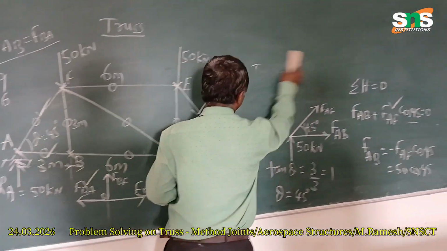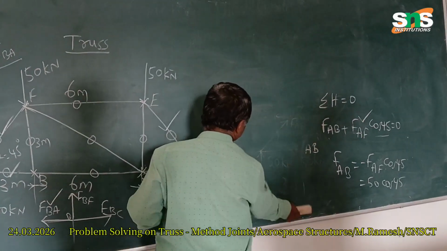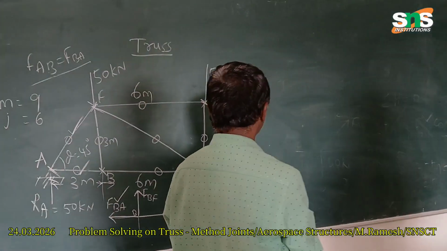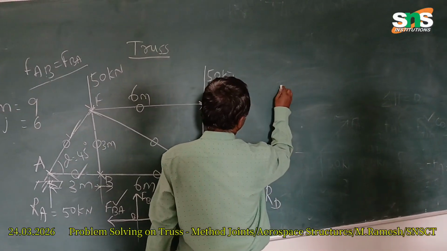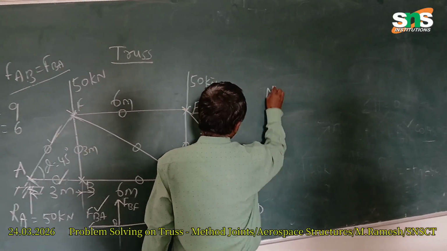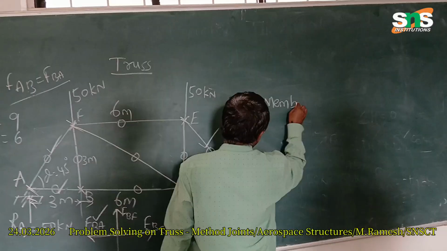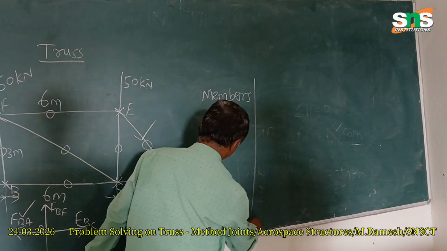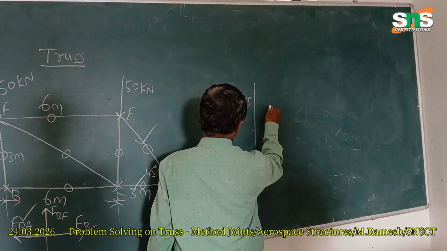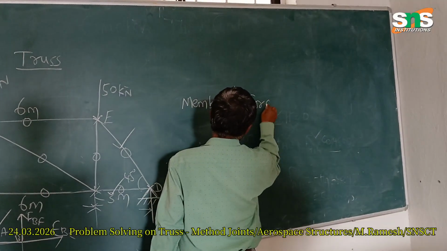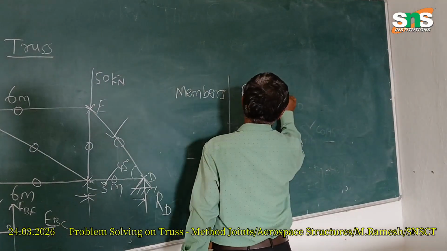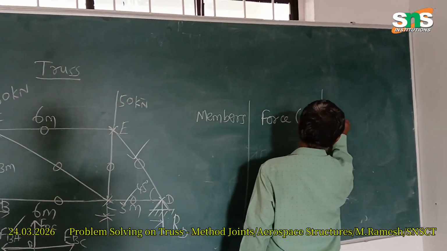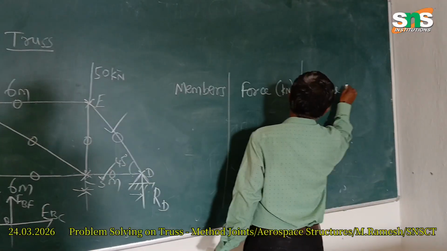After finding all the numbers, finally just make a table. You can construct a table with members, then force in kilonewton, then the nature of force.